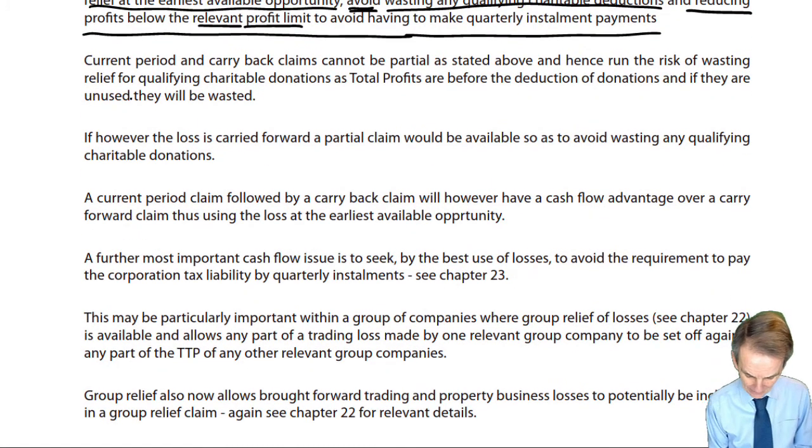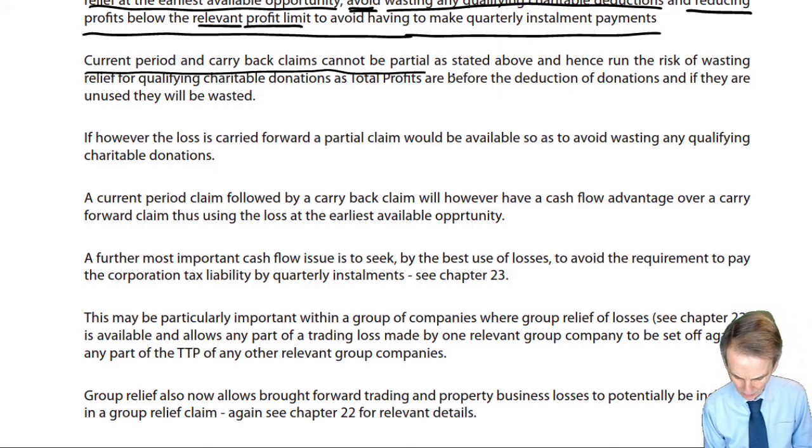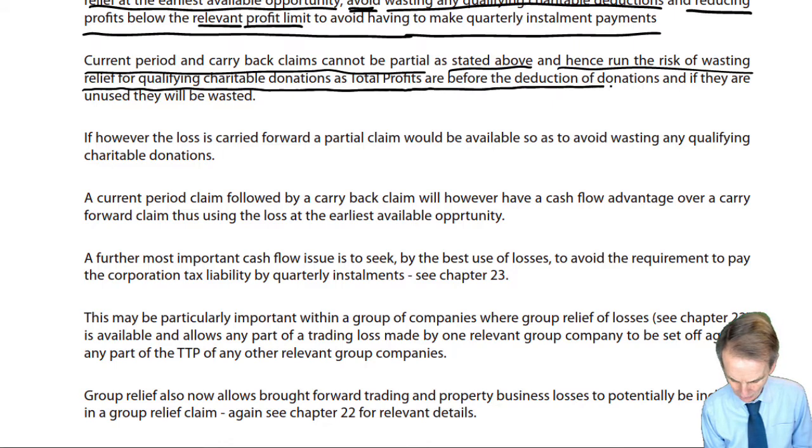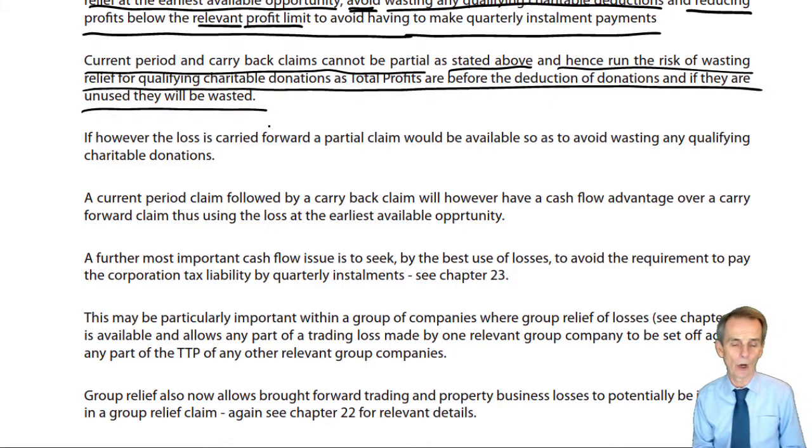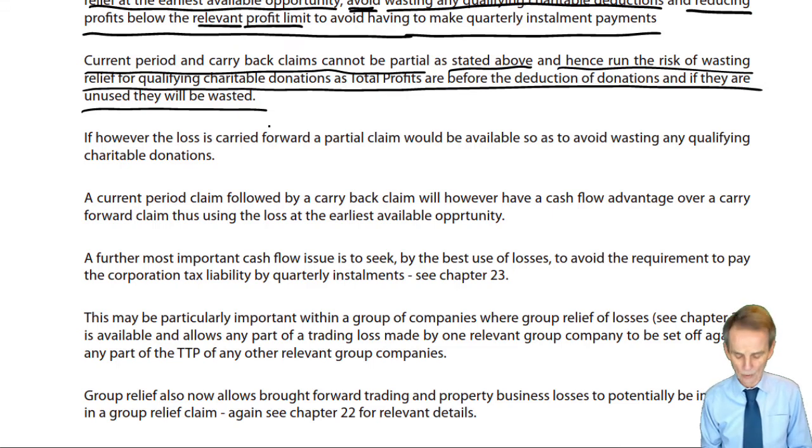Okay, so current period and carryback claims cannot be partial, as we know, and hence run the risk of wasting the relief for the qualifying charitable donations, as total profits, as you know, are before the deduction of those donations. And if they are unused for this period, then they are wasted. There's no carry back or carry forward of those unused donations.